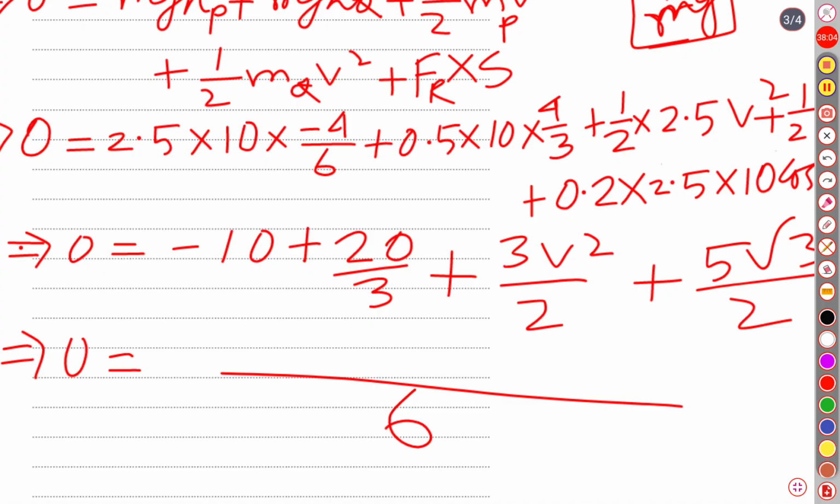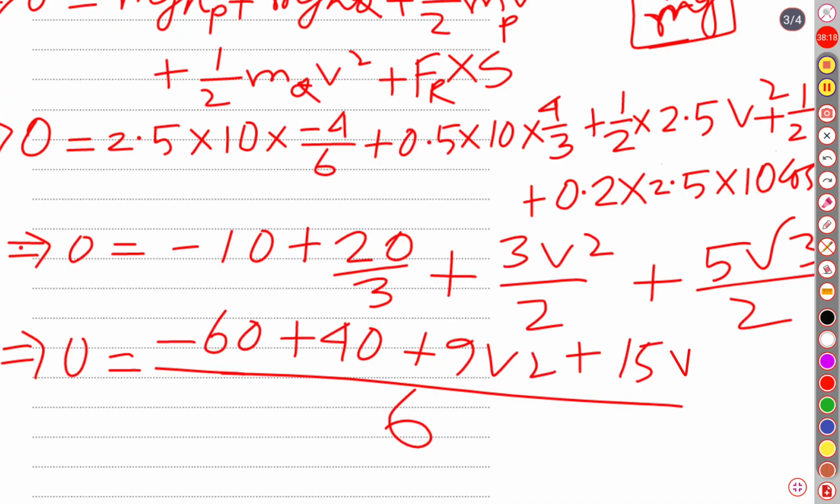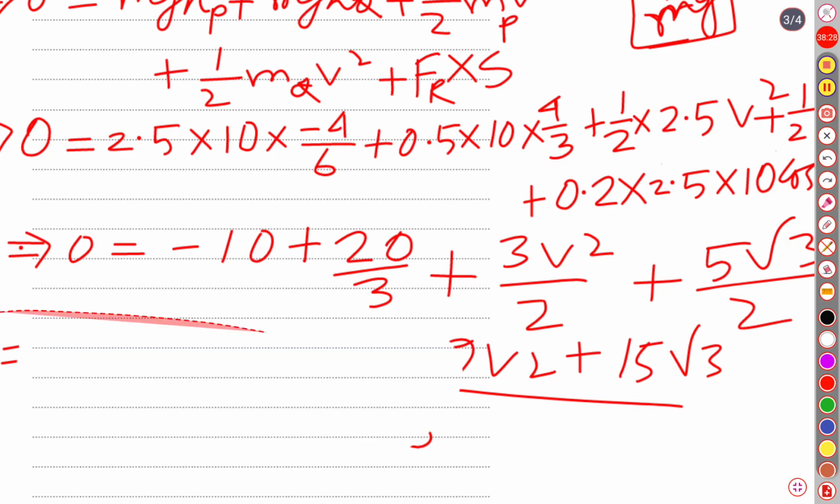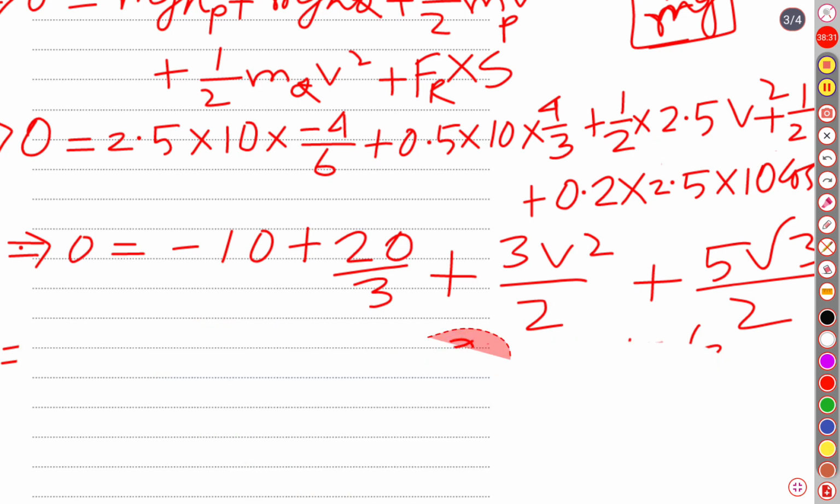If we multiply all of them by 6, it is going to be negative 60 plus 40 plus 9 v square plus 15 root 3. Sorry, we made a mistake over here. Let me erase this part, this step should be erased. Okay, so let us write again.